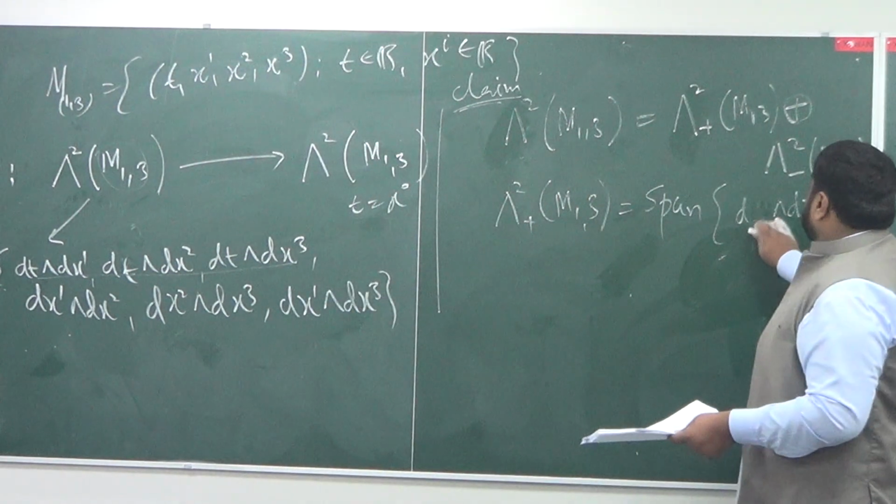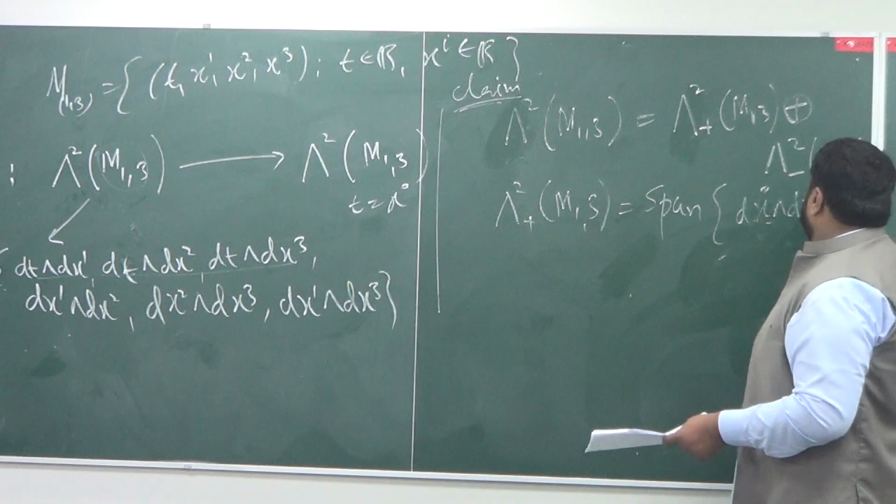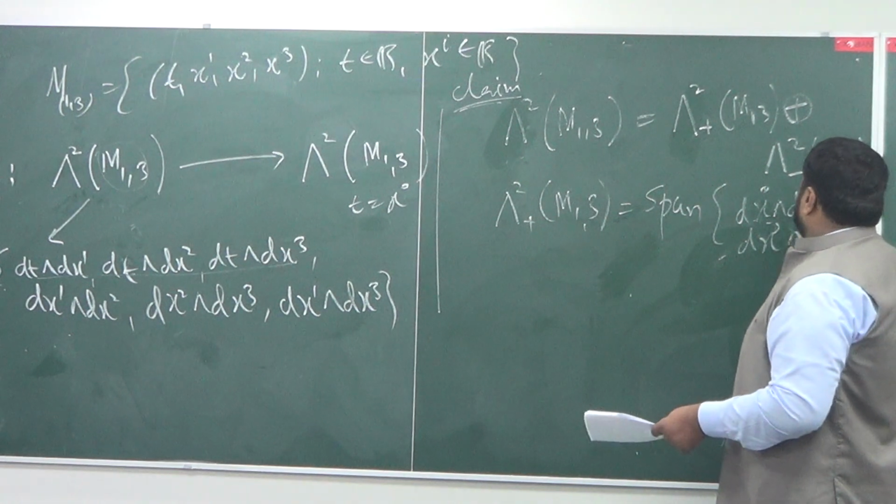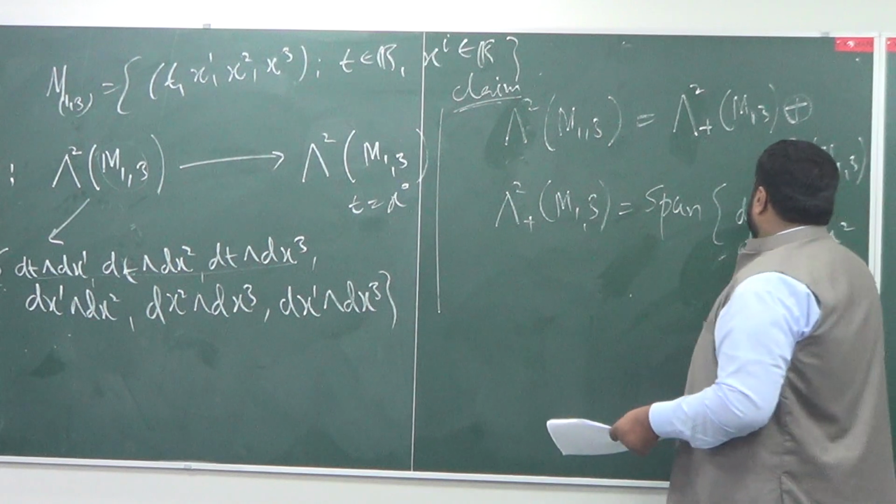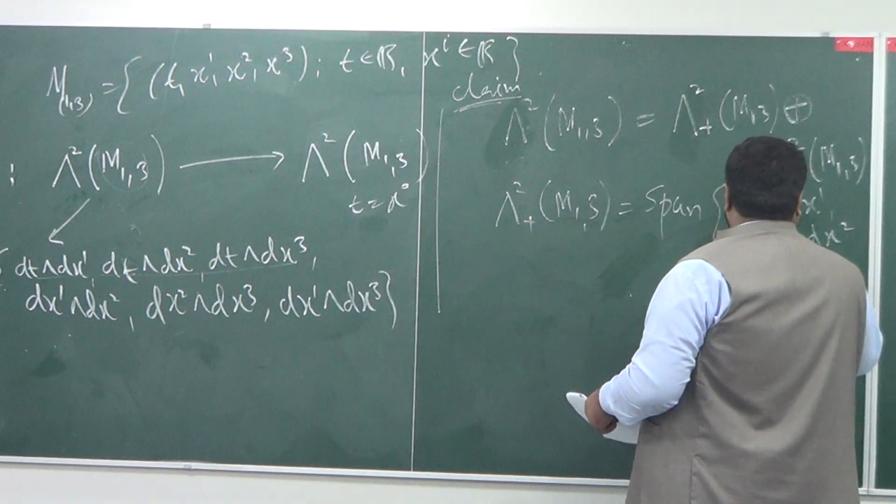So I have dx naught wedge dx1, dx naught wedge dx2, and dx naught wedge dx3.